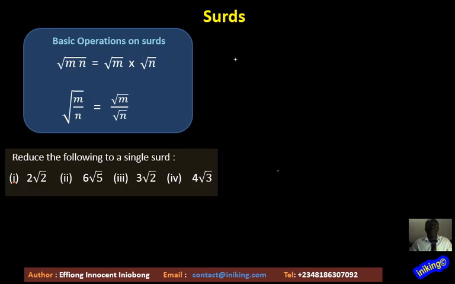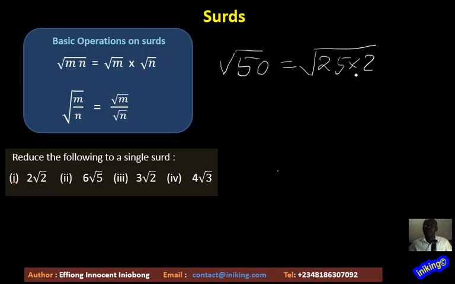In the first video clip, we saw how we could simplify a surd, something like, say, the root of 50, and we obtained this as 25 times 2, breaking the two numbers such that we could find the square root of the first one and we can find the square root of the second one, and when we finally arrived at 5 root 2.